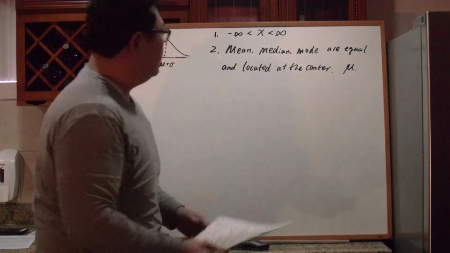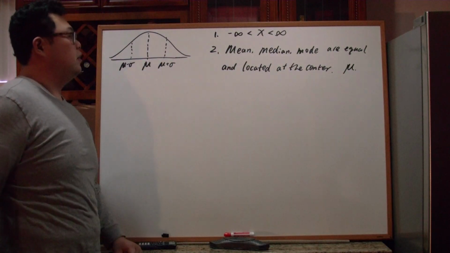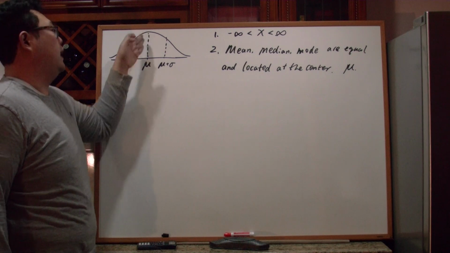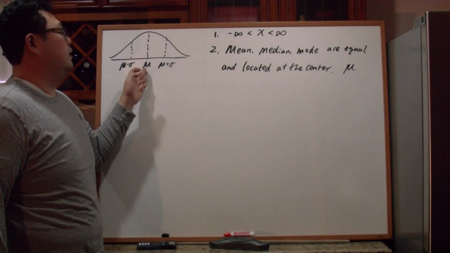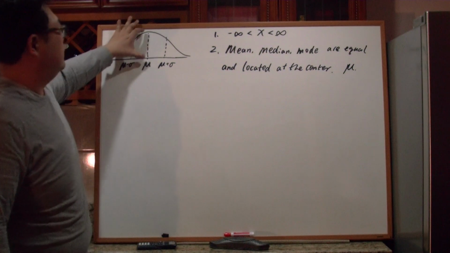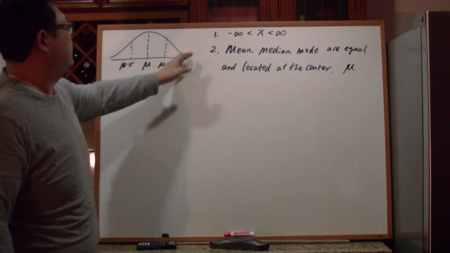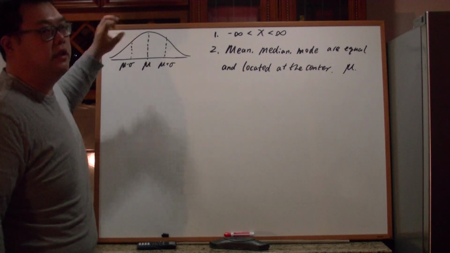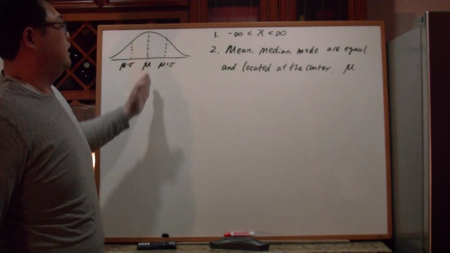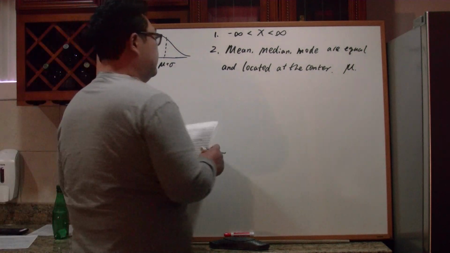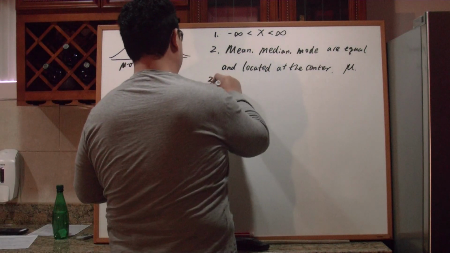The mean, median, and mode are equal and located at the center, which is the middle, where the highest density is. We can see it's the highest density, which means the median is the middle, the mode is also there, and the mean is also in the middle at the center.